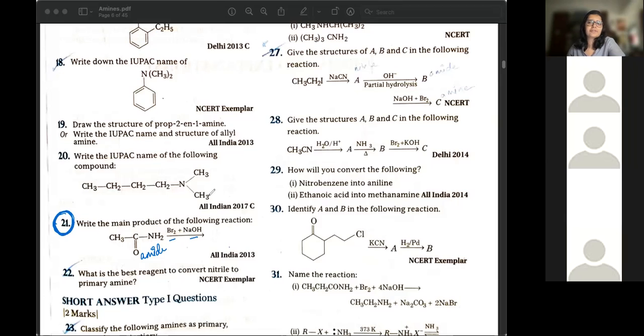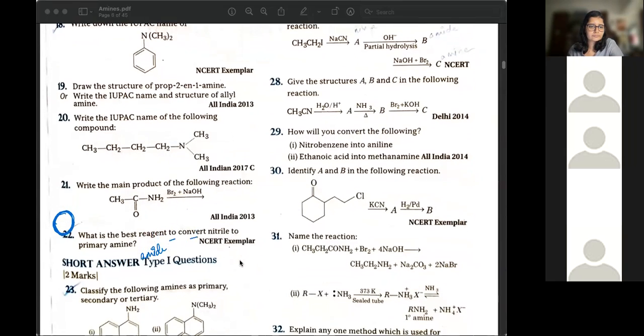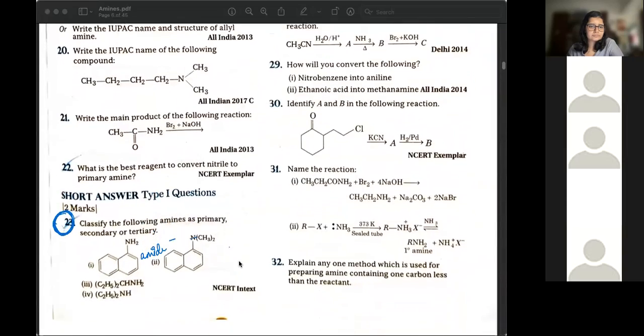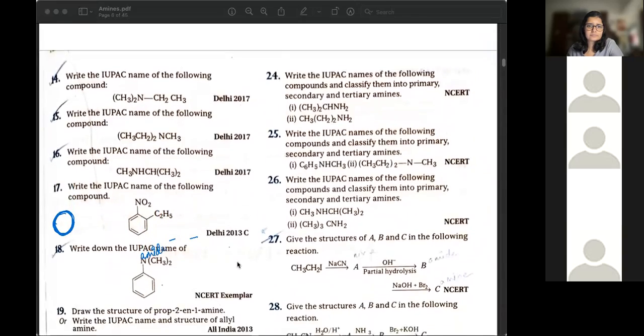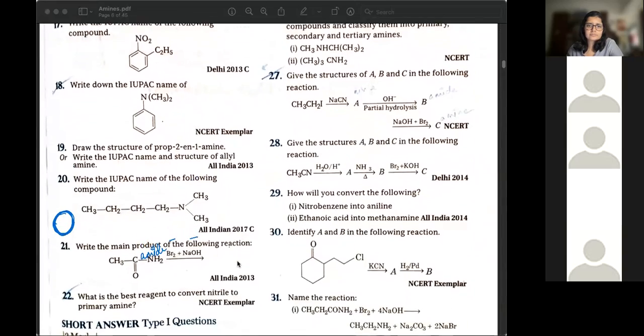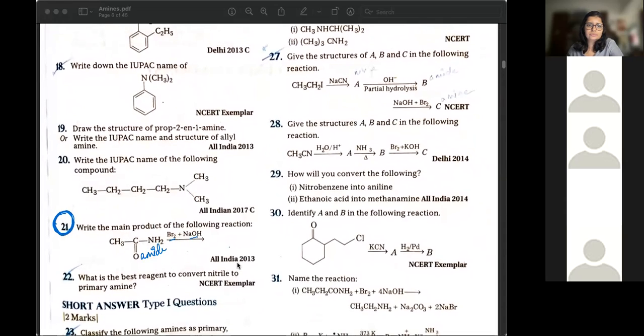Like in preparation you were given 4 reactions, right? So which one of the four is it? We figured out. Shantanu?